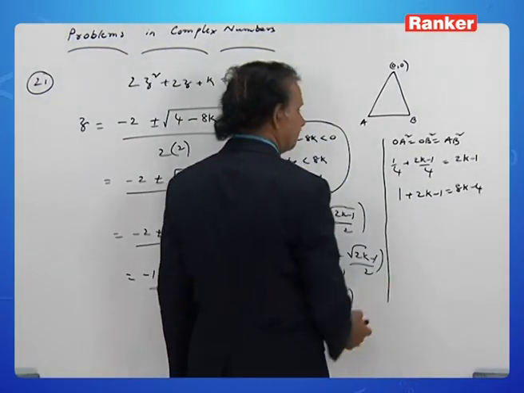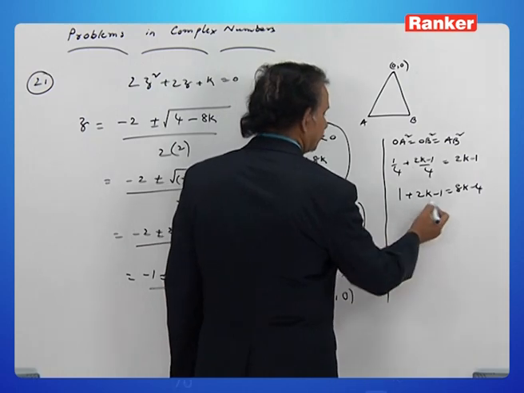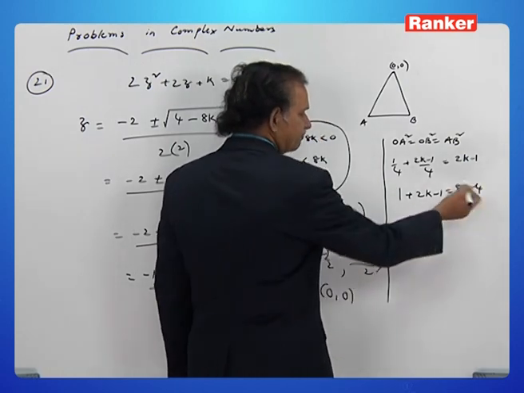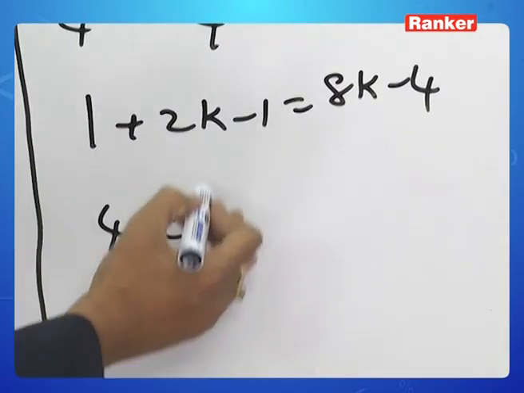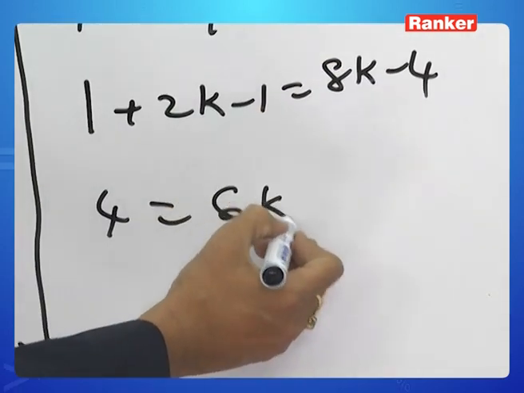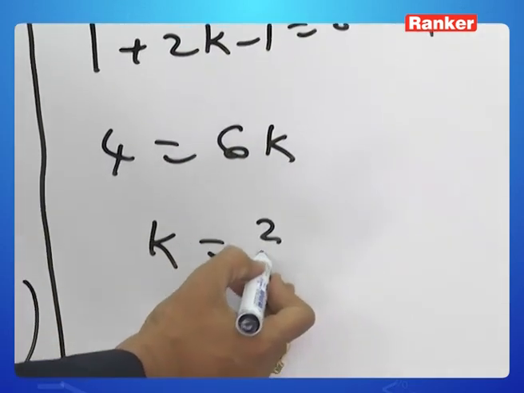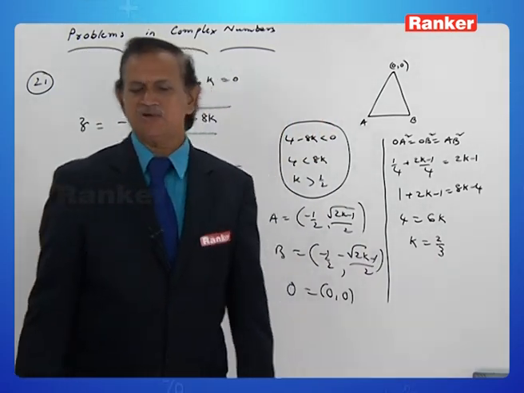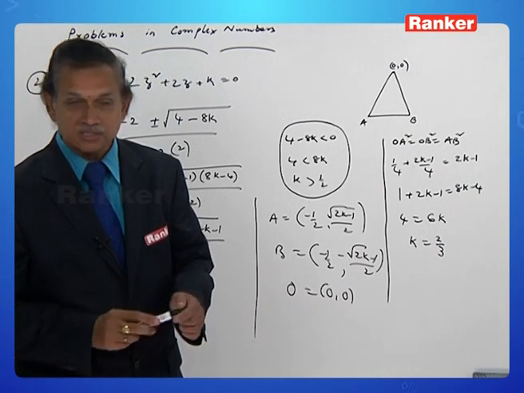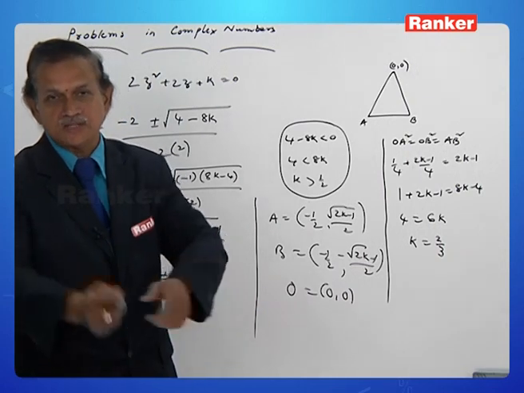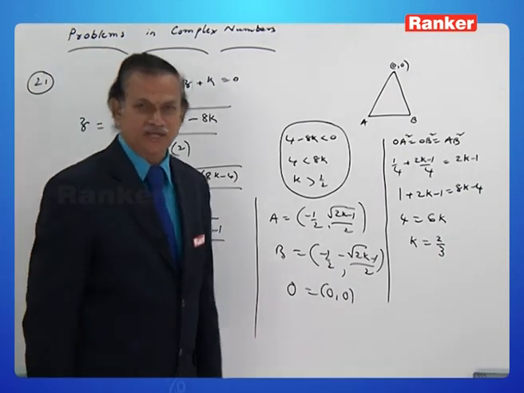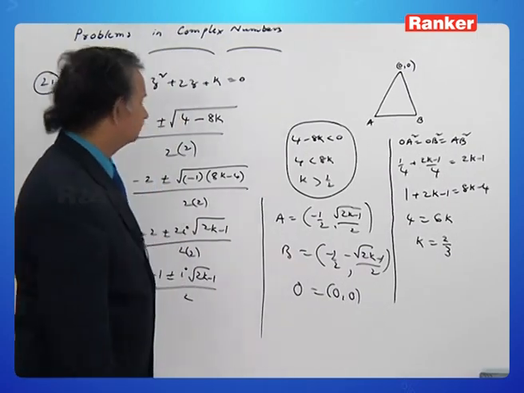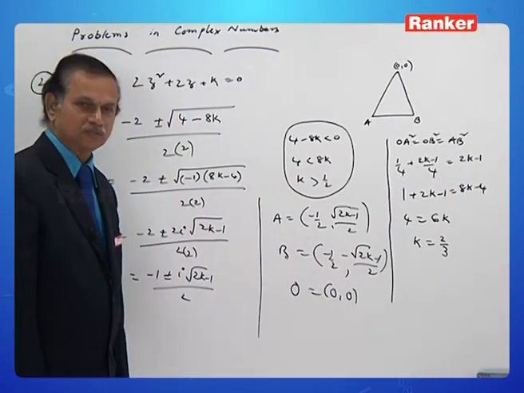Yes, 1 and 1 will go away. Therefore, 2k, you send that right. Bring 4 this side. 4 is equal to 6k, or k is equal to 4 by 6, or 2 by 3. Is it available? Of course available in option C, that is the third option. Answer is 2 by 3. The value of k is 2 by 3.